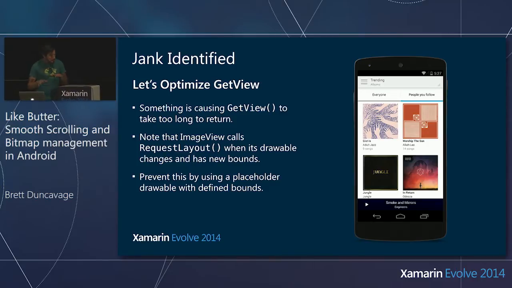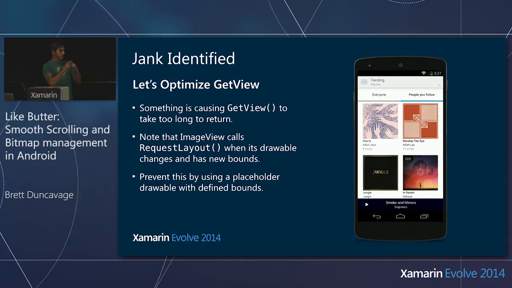And then I just have a couple notes of things that I have found personally when I've been trying to get the Rdio app smoothly scrolling. ImageView calls requestLayout when its drawable changes and it has new bounds. If you notice in our app, while the image is loading, we have a little placeholder, like a gray square. So we're swapping a drawable out there.